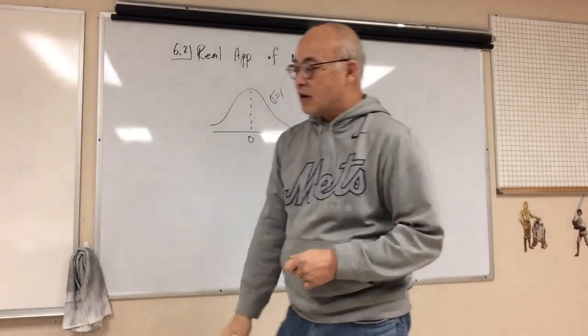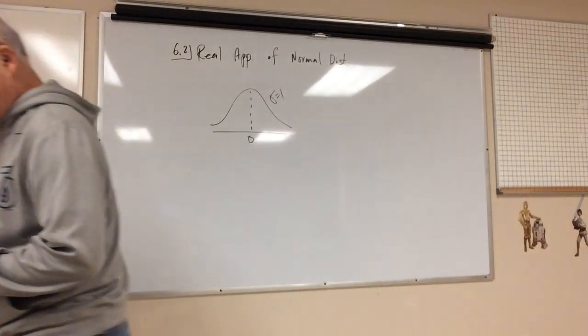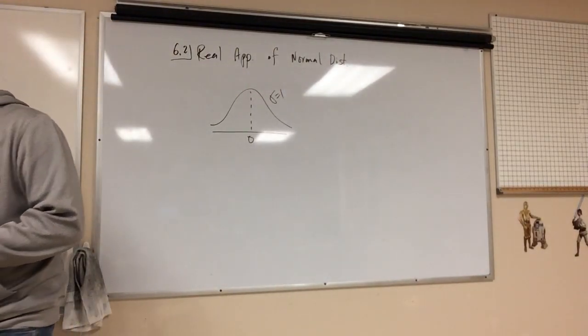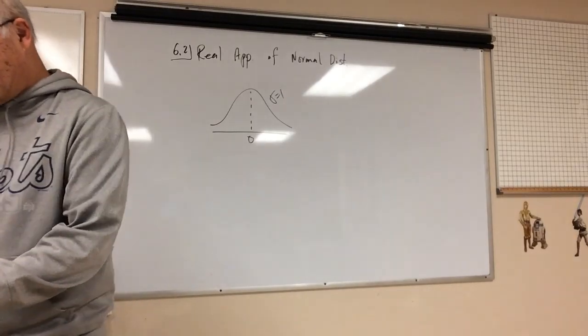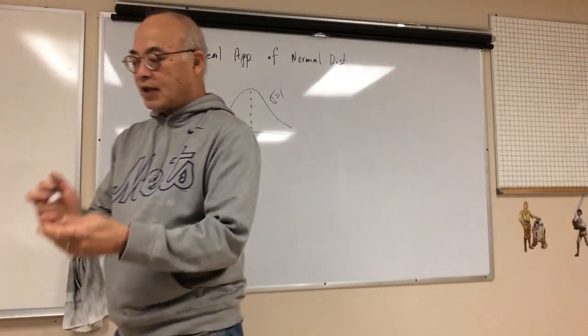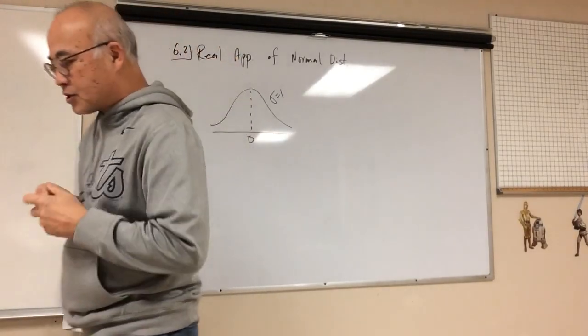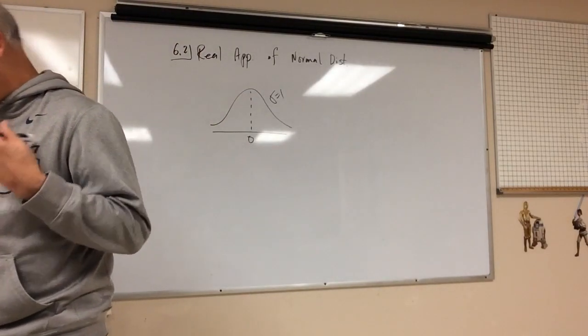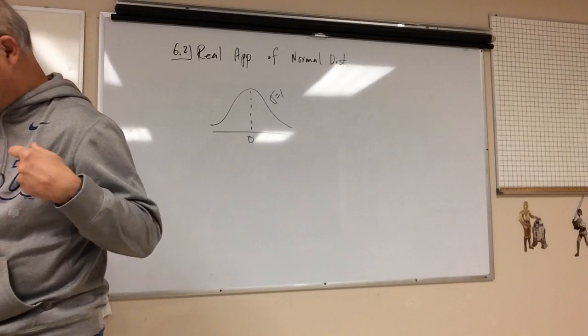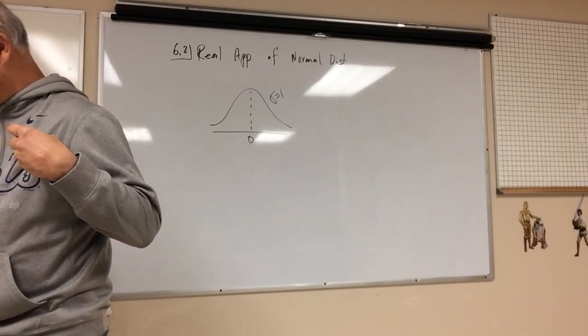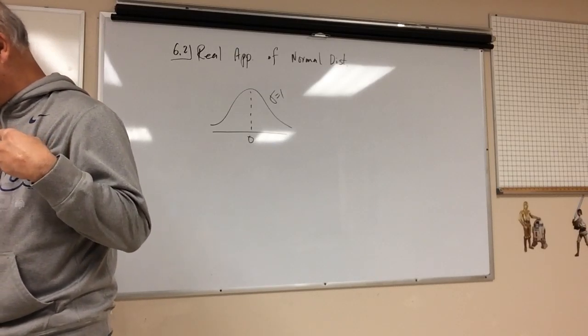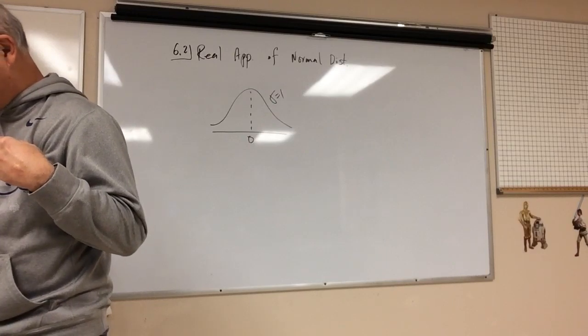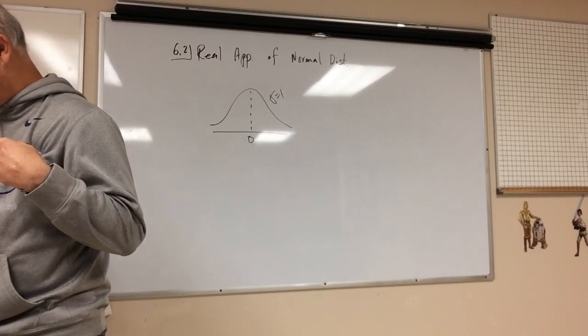Okay. So let's go to page 243. We're on 6.2. We're going to do actually the real applications of the normal distribution. Do example number 1. Heights of men are normally distributed with a mean of 68.6 and a standard deviation of 2.8.